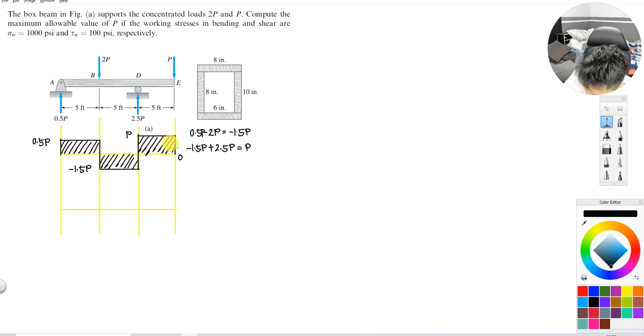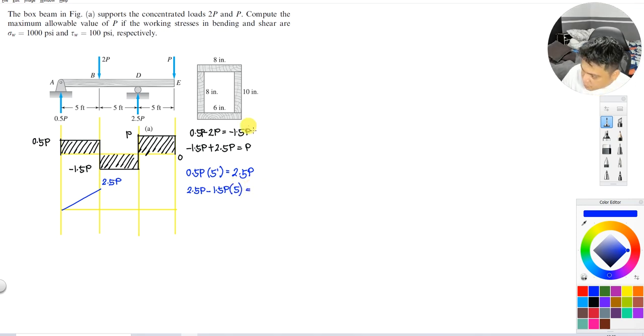Okay. Next, let us now draw the moment diagram. So, from that 0.5, itong area na to. So, 0.5 of P multiplied by 5 feet. So, that's 2.5 P. Okay. So, you will be having here 2.5 of P. So, from 2.5 of P, ima-minus ko yung 1.5 of P multiplied by 5.